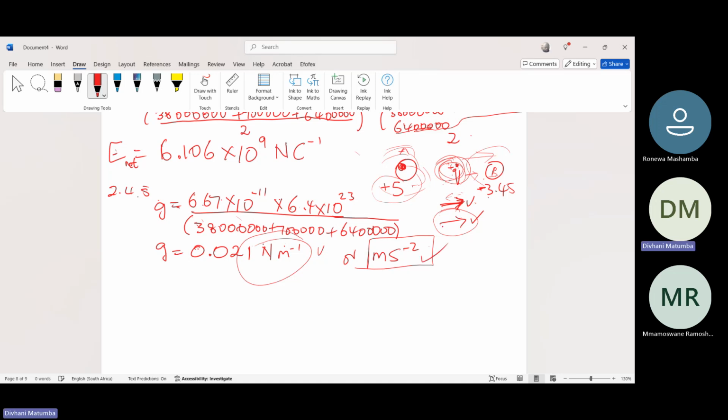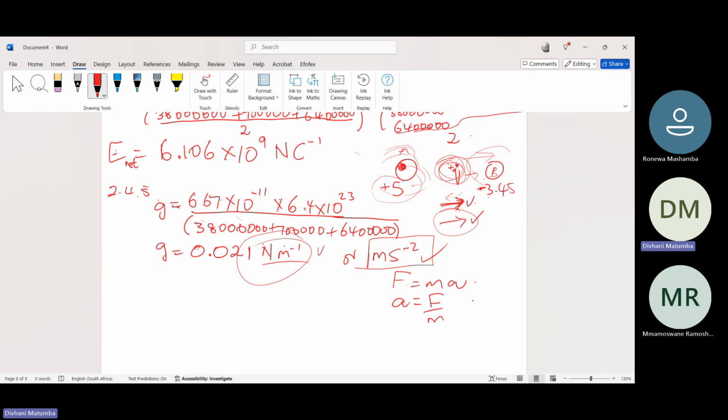Mamsan, do you agree? Yes. And do you also agree with Newton per meter? I don't think you do. No, I don't agree. Okay, Newton's second law says force equals ma, and acceleration equals F over m.